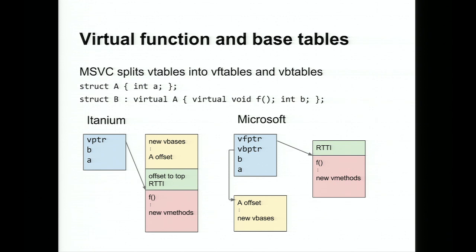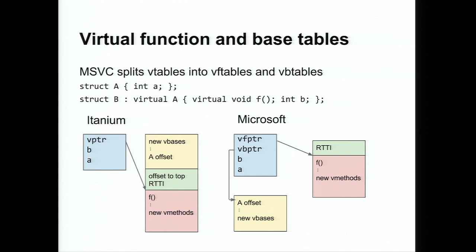So another area of the ABI that is interestingly different is the way that they do virtual tables. So Itanium and most ABIs, I think this is actually part of the early papers that Bjarne wrote about C++. He was saying, look, it's so easy to implement virtual inheritance. We have the virtual function table, or we have the virtual methods.